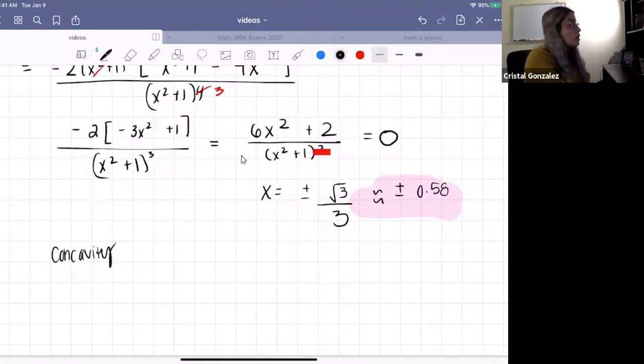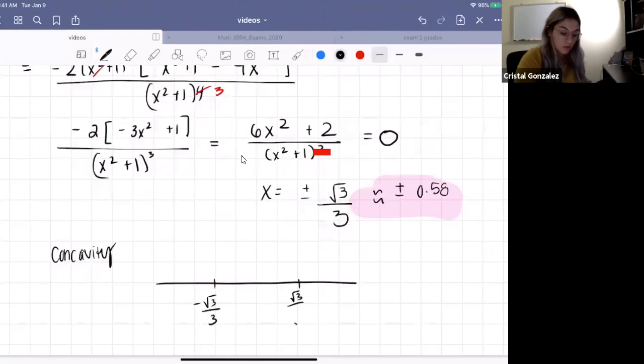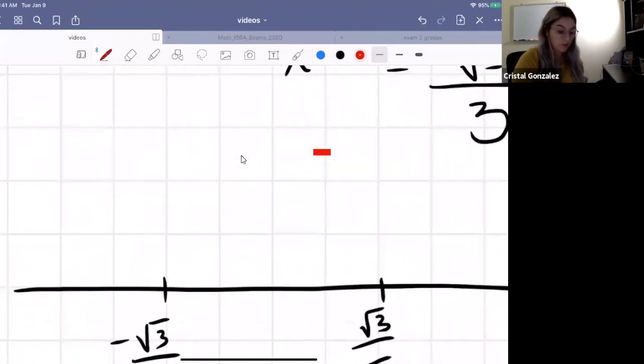To test for concavity, we need to do the same thing we do for the first derivative test, but now we're testing on -√3/3 and positive √3/3. So go ahead and pause the video and test these out yourself, and then I'll try them with you as well.